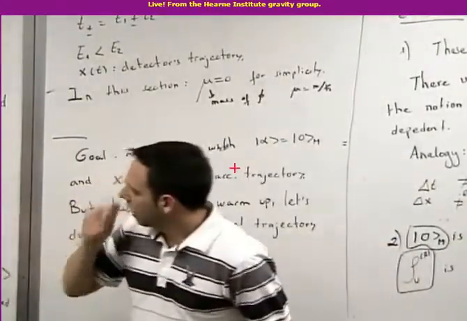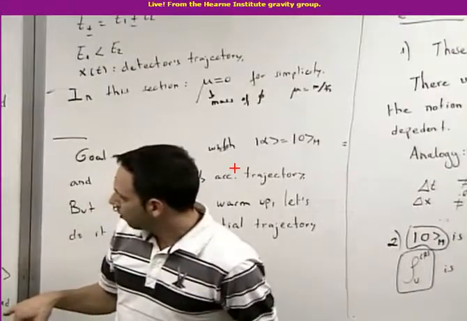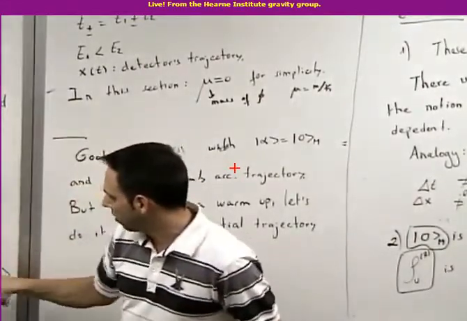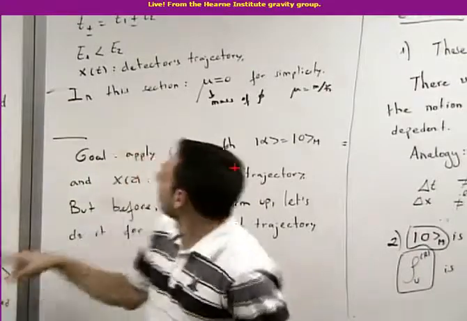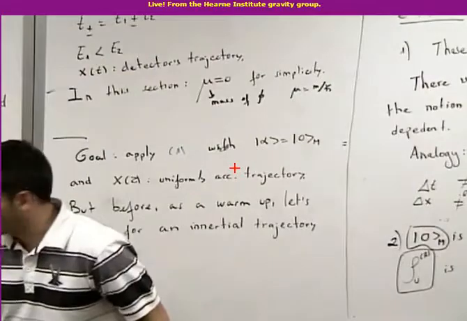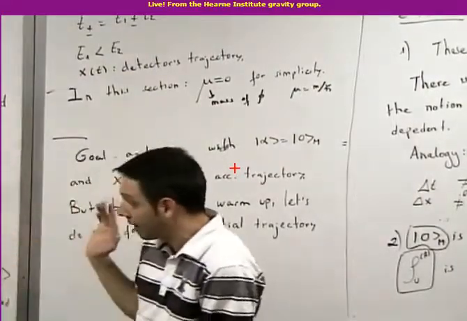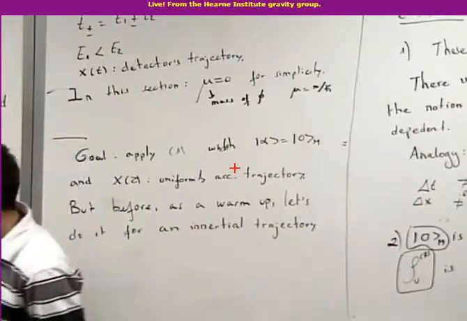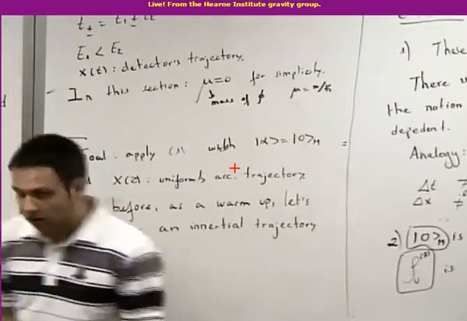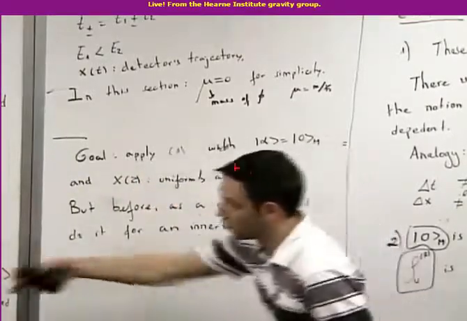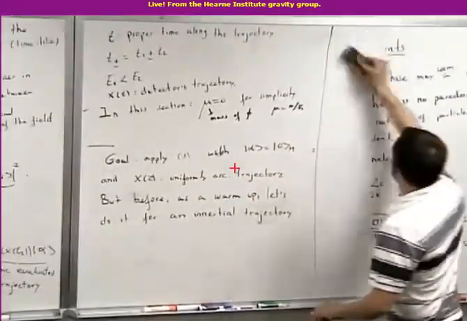Remember also that in chapter 4, I told you that many times this two-point function only depends on the difference between t1 and t2. It only depends on t minus. And then the t plus integral, nothing depends on t plus in that case, and the t plus integral can be just removed, and you can compute the probability per unit time. This is what is going to happen here in the two cases. But this expression is more general, just in case you cannot do that.